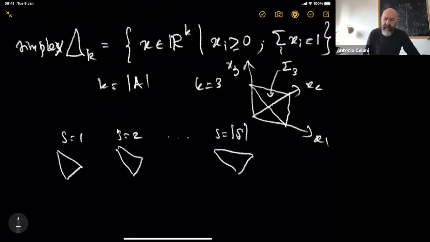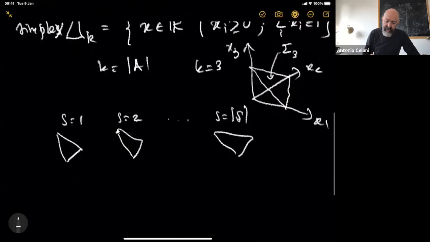All of these are triangles or tetrahedra or hypertetrahedra or whatever. A point on this triangle is a policy for state 1. This is a policy for state 2, including possibly points that are on the vertices of this set, on the boundaries. This is possible.